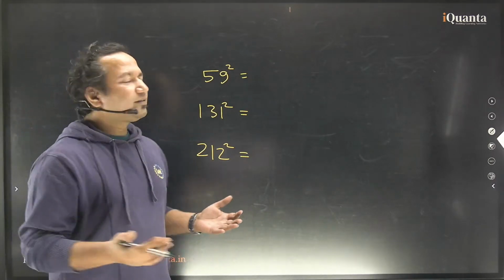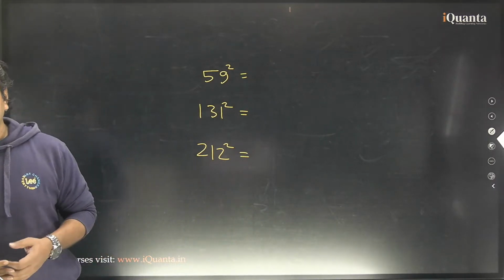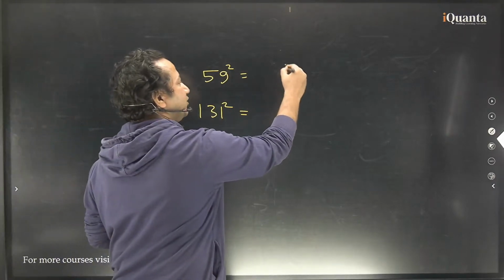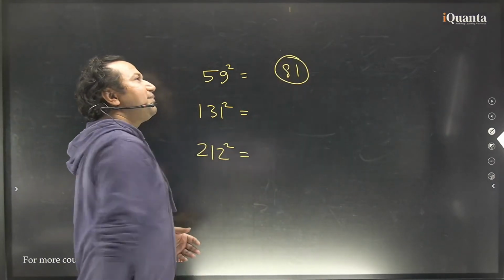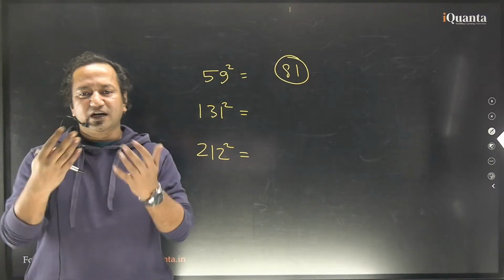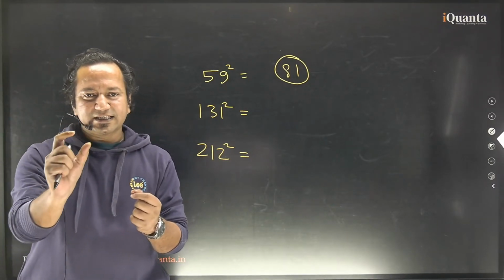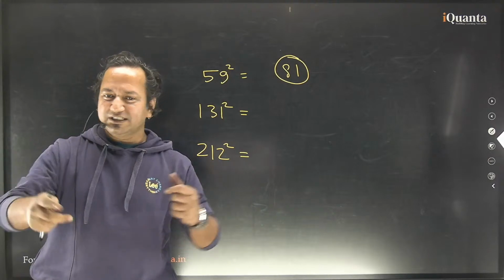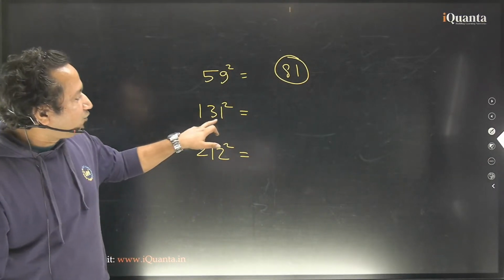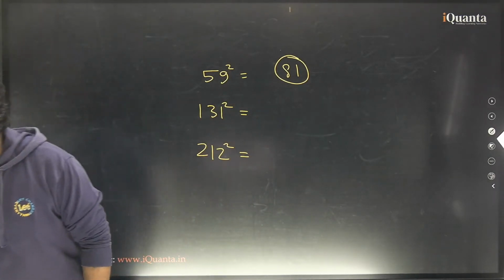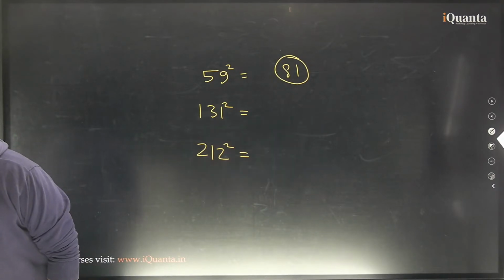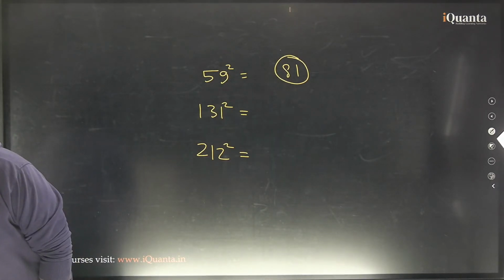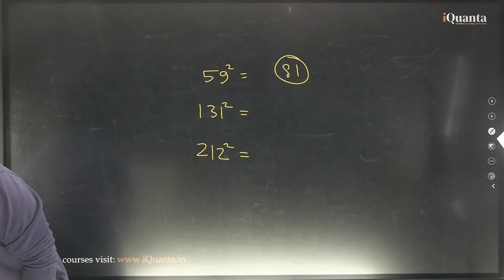59 square. इसका नियरेस्ट मल्टीपल कौन है? 50. 50 से ये 9 ज़्यादा है, 9 का स्क्वायर लिख लो 81. सो 50 के मल्टीपल से जितना भी ज़्यादा जितना भी कम हो, जो डेफिसिट या एक्सेस है उसी के स्क्वायर की लास्ट टू डिजिट्स इनके स्क्वायर के बराबर हो जाएंगी. 131 स्क्वायर. Identify the nearest multiple. People on YouTube, only Tushar is answering.